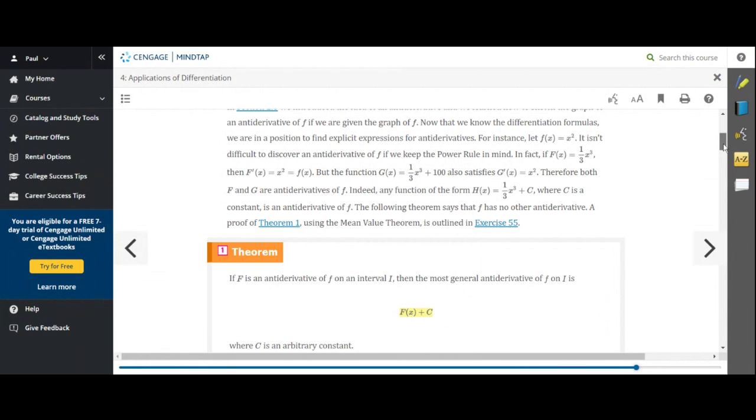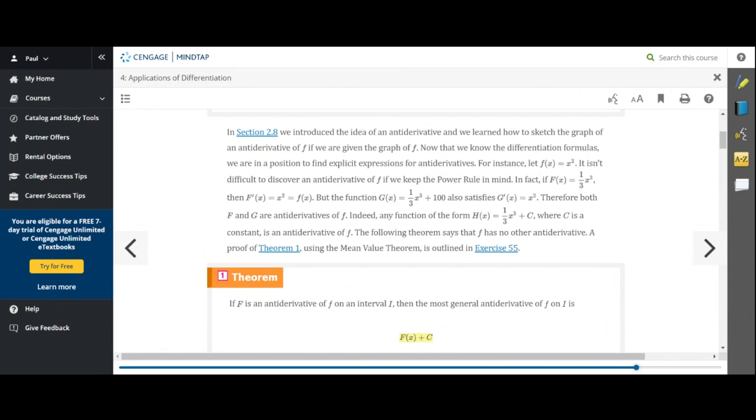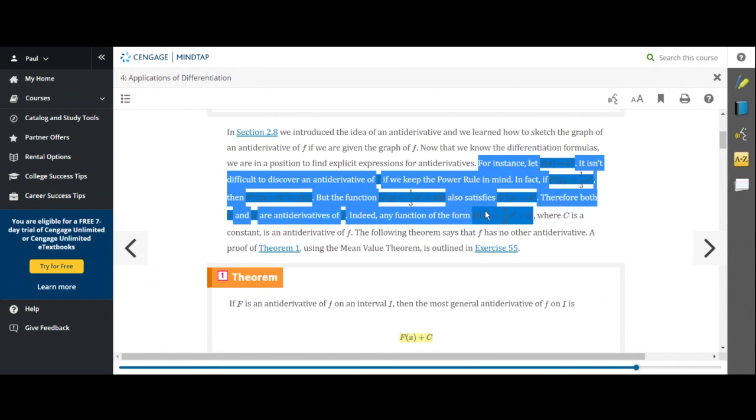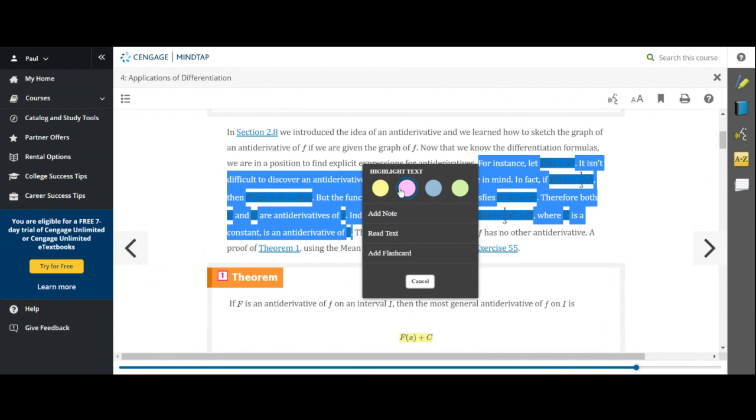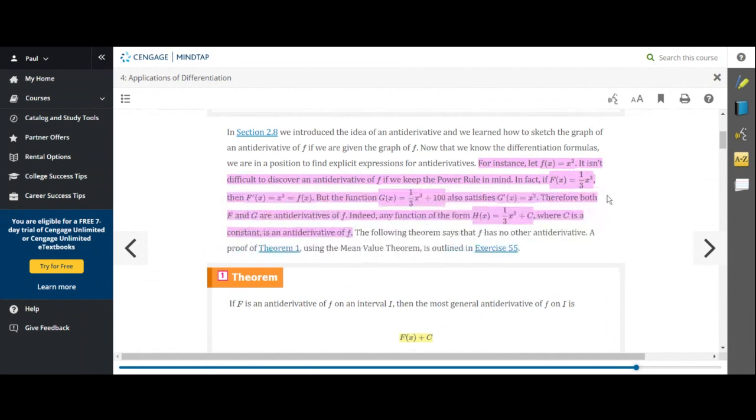So for instance, in this little example here, if you have a function f of x equals x squared, it's easy to see that the antiderivative would be capital F of x equals 1/3 x cubed, because if you differentiate 1/3 x cubed, you're going to get x squared.